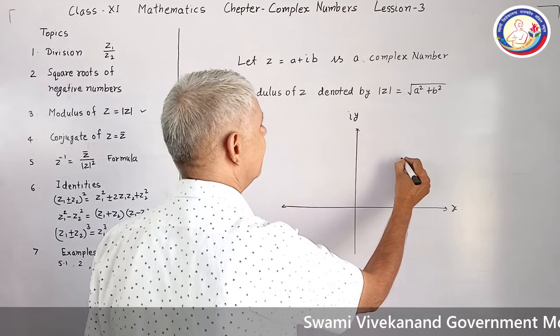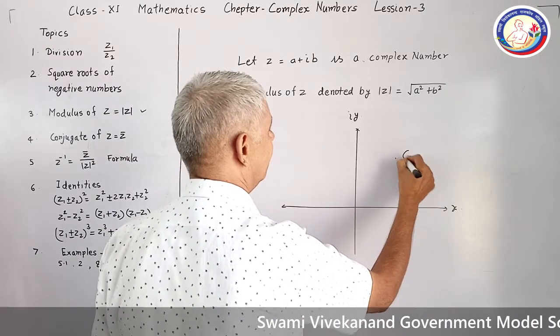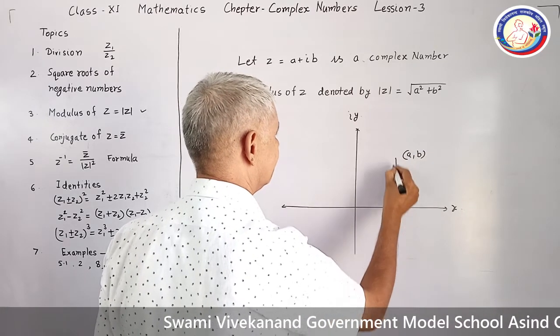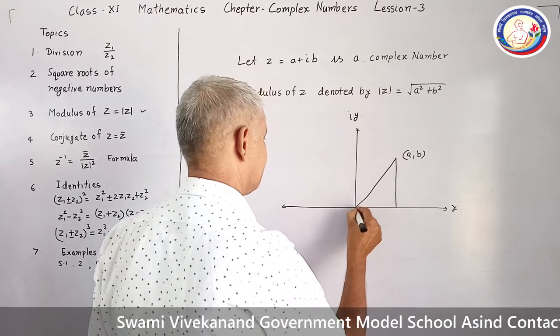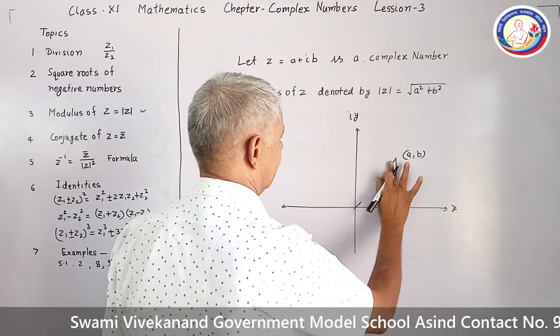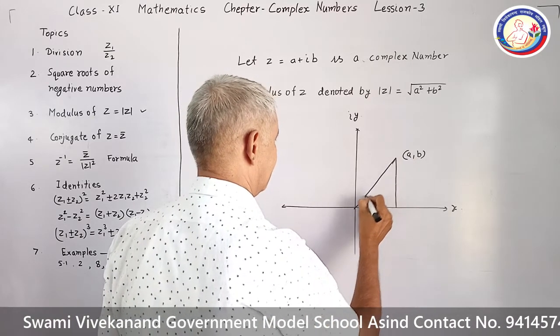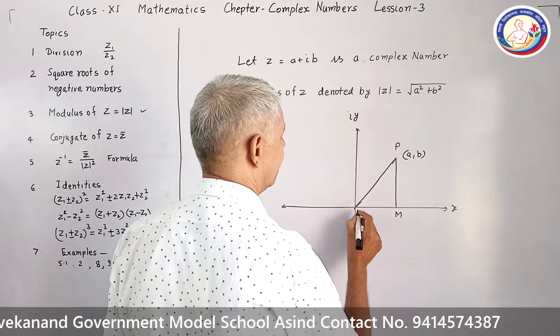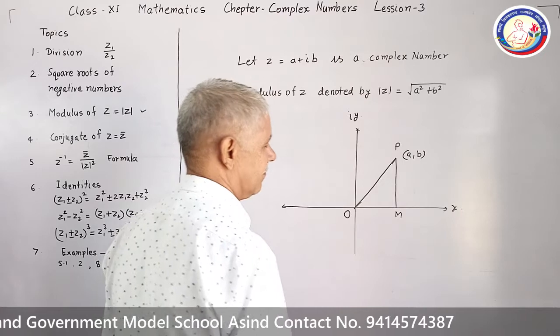Here is a point with coordinates a and b. Let P be the point and M the foot of perpendicular, O is the origin.